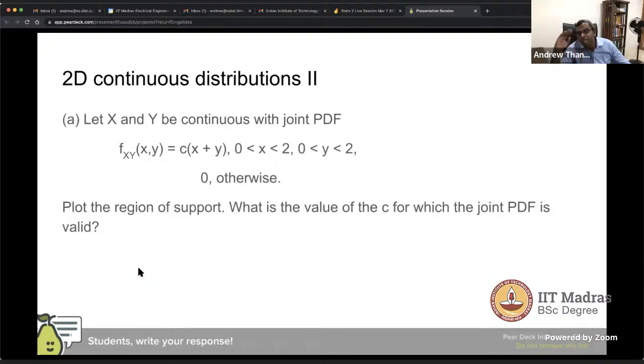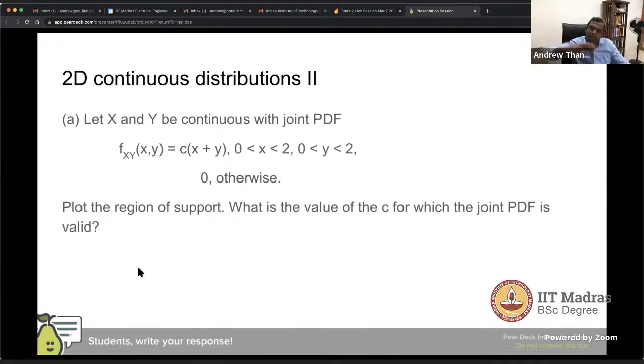Where will the PDF take very high values? Around 2, 2, right? The PDF is going to go close to 4. So this joint distribution is non-uniform, and around the origin, it's likely to take values with low probability. Around 2, 2, it's likely to take values with higher probability.